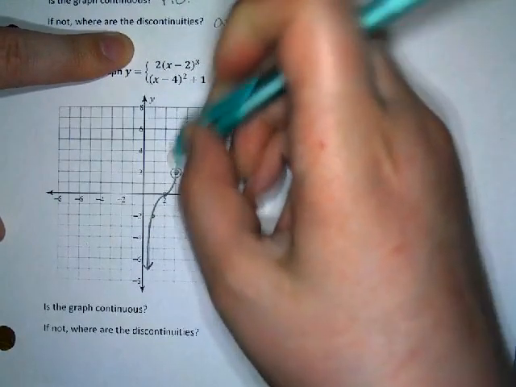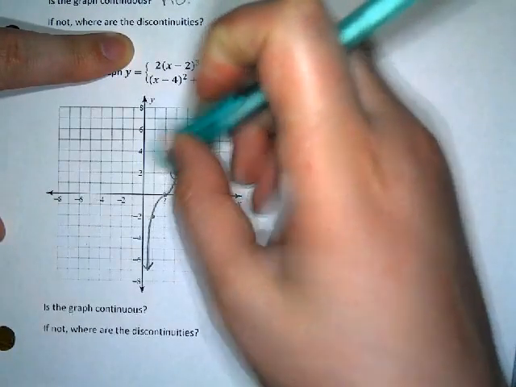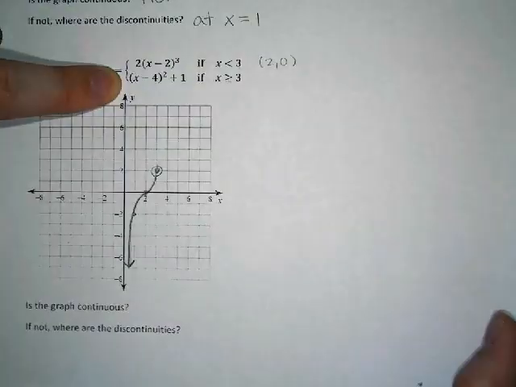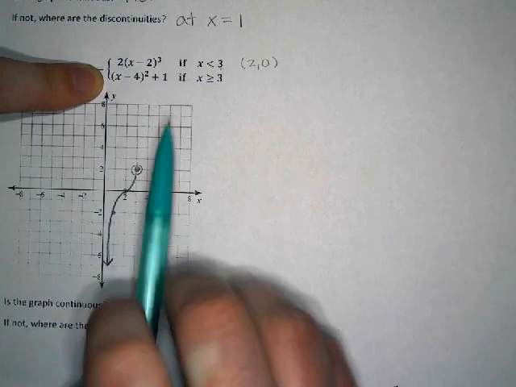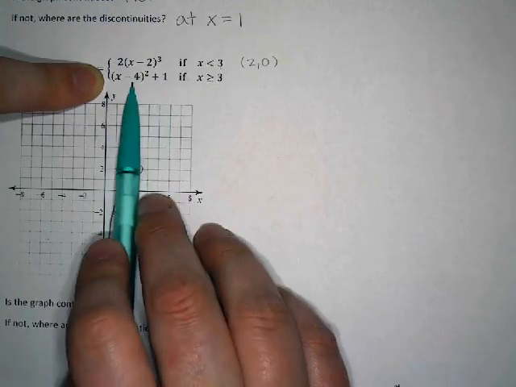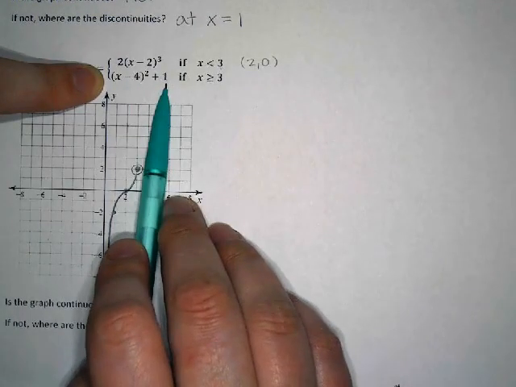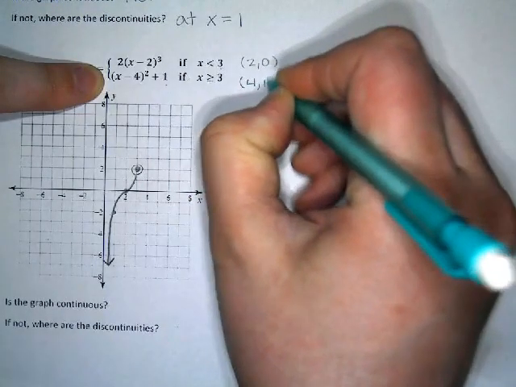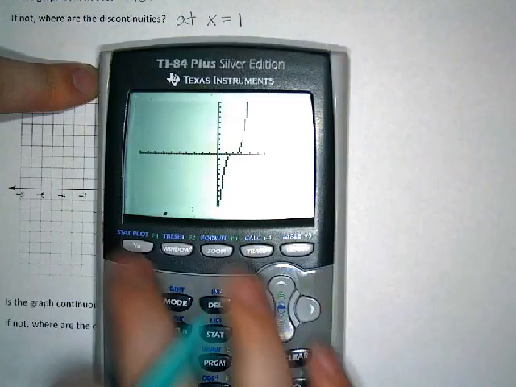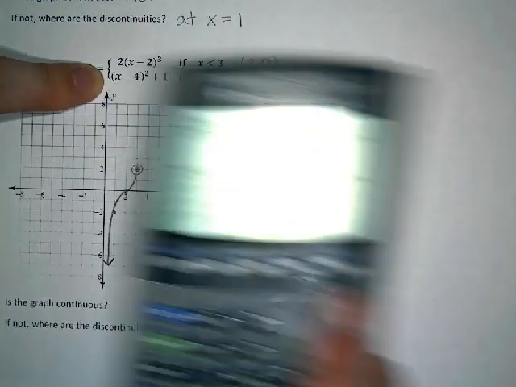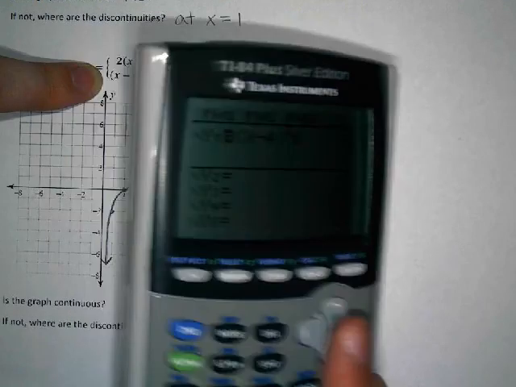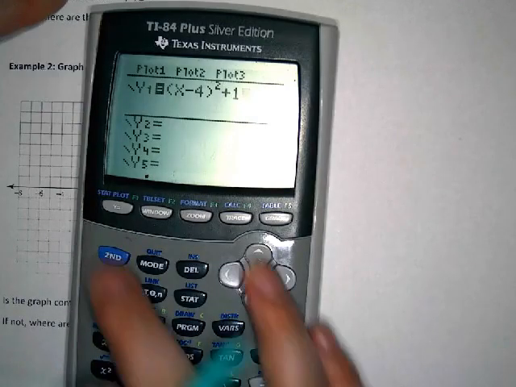Okay, and then (x minus 4) squared plus 1. So what's the vertex for this quadratic? 4, 1. Okay, so I'll graph that, and I'm going to look for the vertex. (x minus 4) squared plus 1. I'm going to look for 4, 1 on the table.